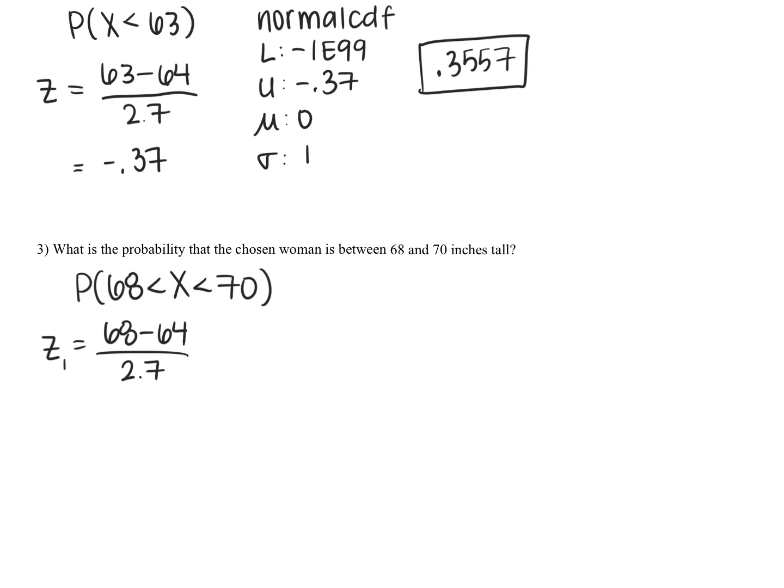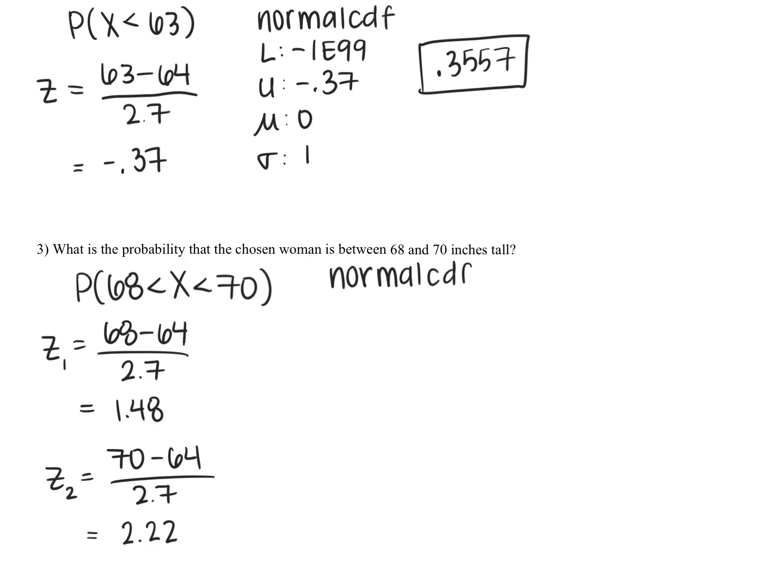So we're going to have 4 divided by 2.7, which is 1.48. My second z-score, 70 minus 64 over 2.7. It's going to be 6 divided by 2.7. And we get 2.22.